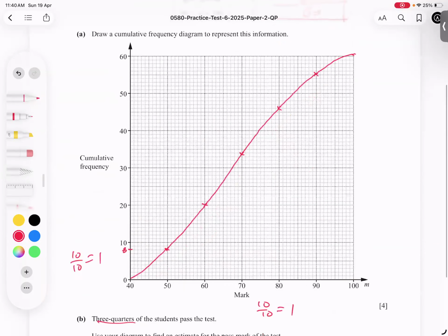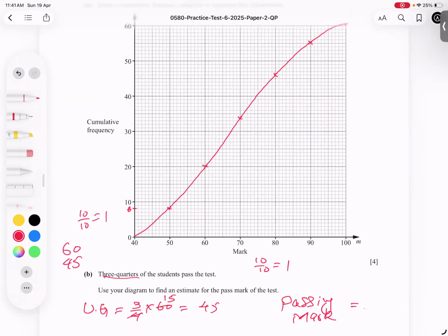So from 60, if I subtract 45, and 3/4 of the students are okay. So what do we get?